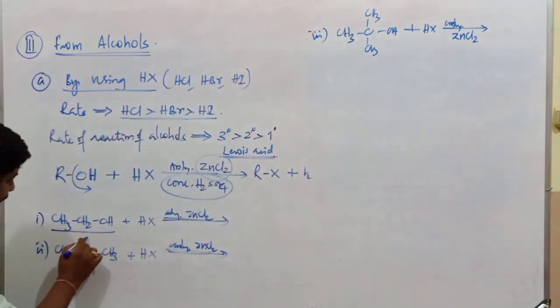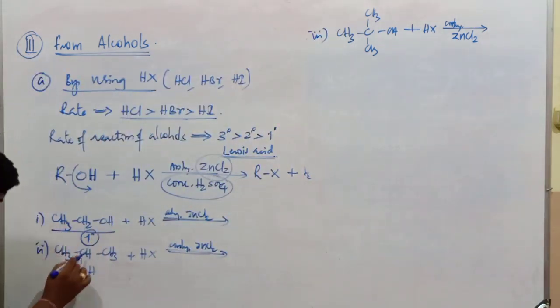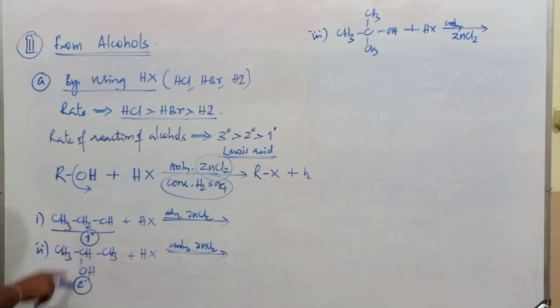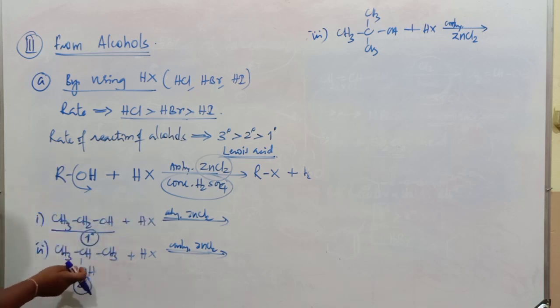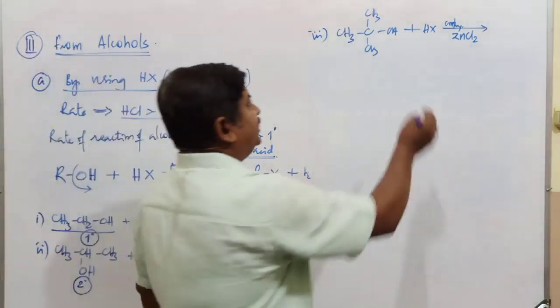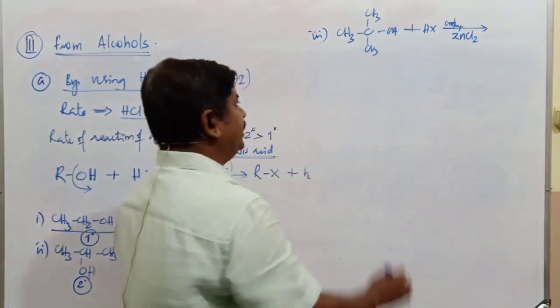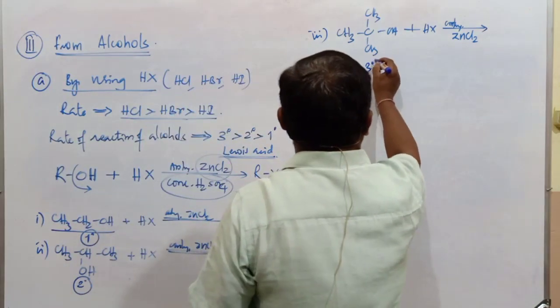This is an example of a primary alcohol, this is an example of a secondary alcohol. Yesterday itself I mentioned very clearly primary and secondary. Instead of a halogen, here OH is present, so it is called a primary alcohol. Here also, instead of chlorine, bromine, iodine, there is OH, secondary alcohol. Naturally, OH is present on a tertiary carbon, so it is called a tertiary alcohol.